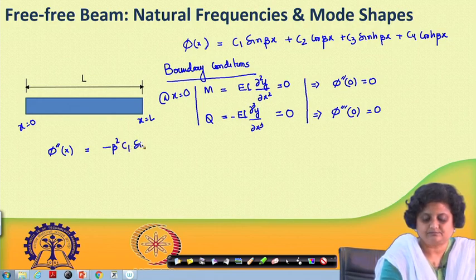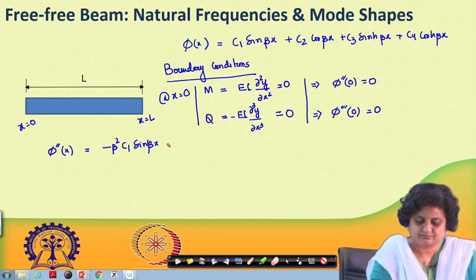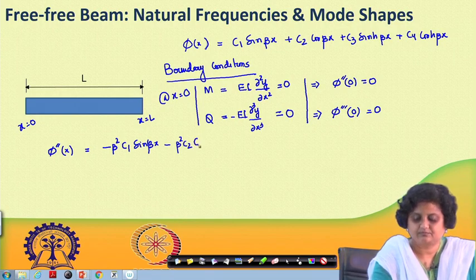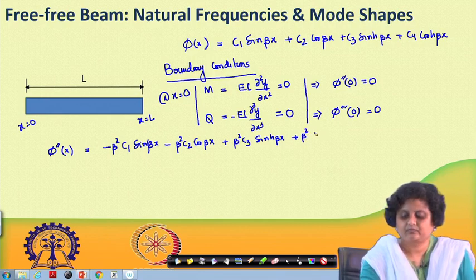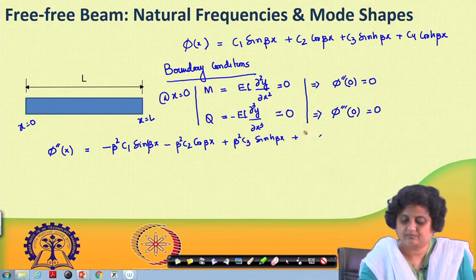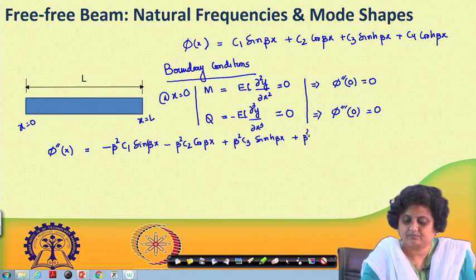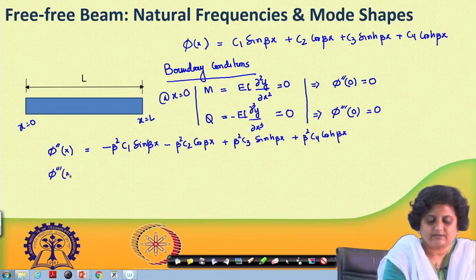Now, if I try to write phi double dash x, that is going to be minus beta square C 1 and phi triple dash x is going to be.